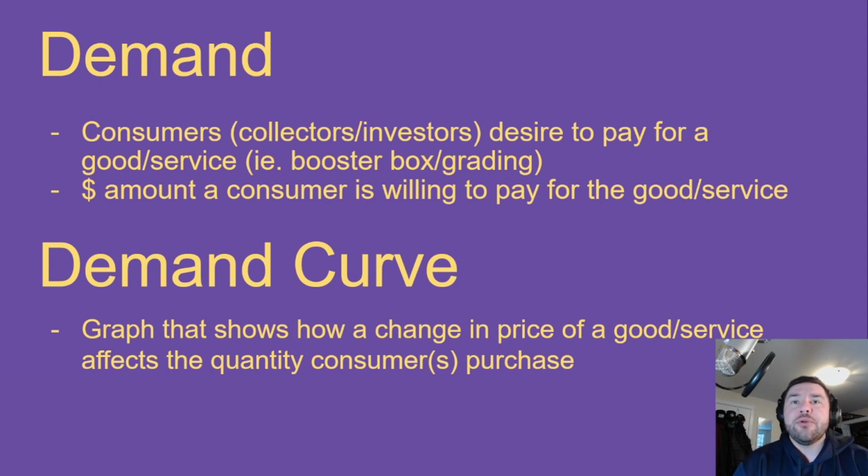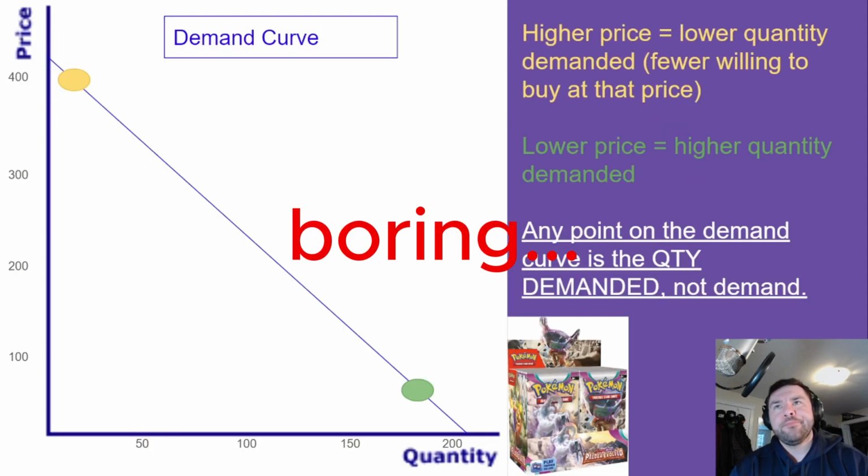So we're going to talk about the demand curve first. That's a graph that shows the change in price of a good or service, and how changes in that price affect the quantity that consumers purchase or the market purchases.